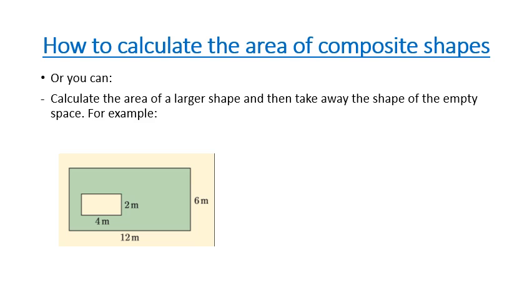Now, another way that you can calculate the area of a composite shape is by calculating the area of a larger shape and then taking away the shape of an empty space. So, as an example, here we can work out the area of the large rectangle and we can take away the area of the small rectangle.